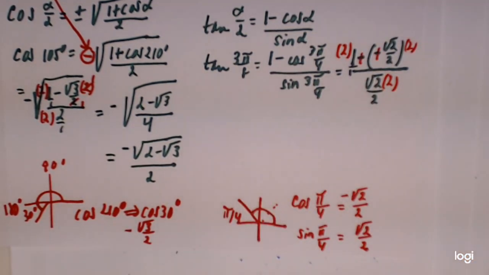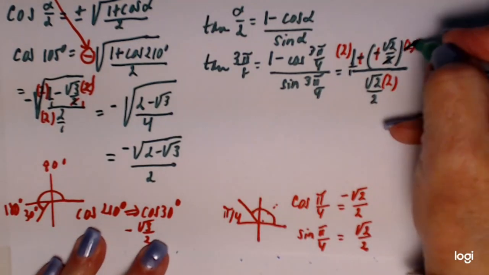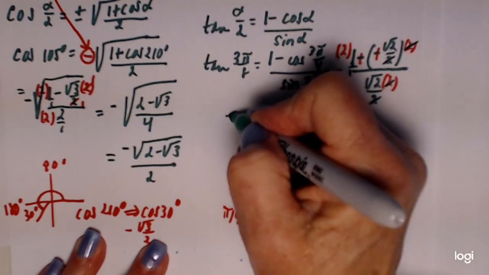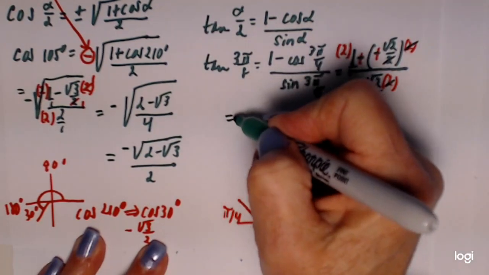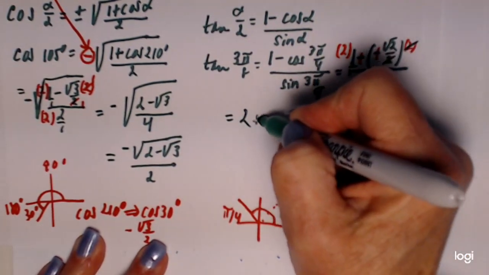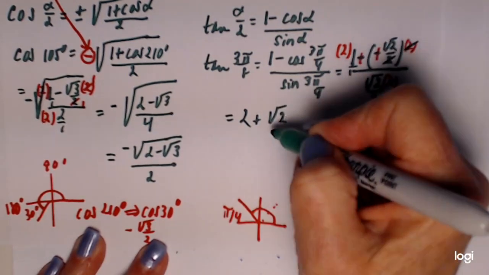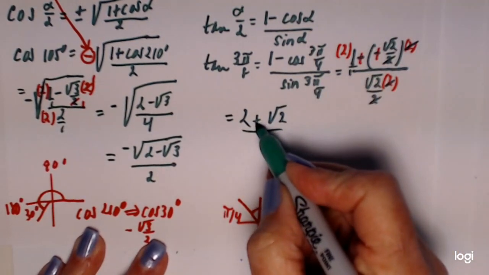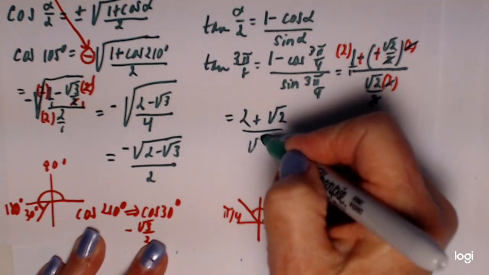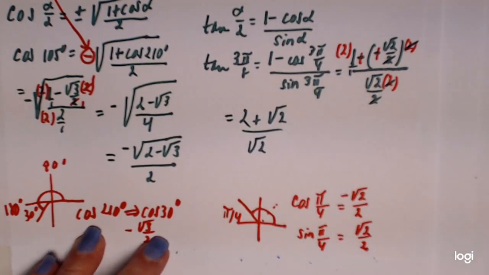So when we do this multiplication here, these 2's cancel and these 2's cancel, so we're left with 2 over here. The 2's cancel, so square root of 2, remember this is now positive, and then in the denominator we have square root 2.